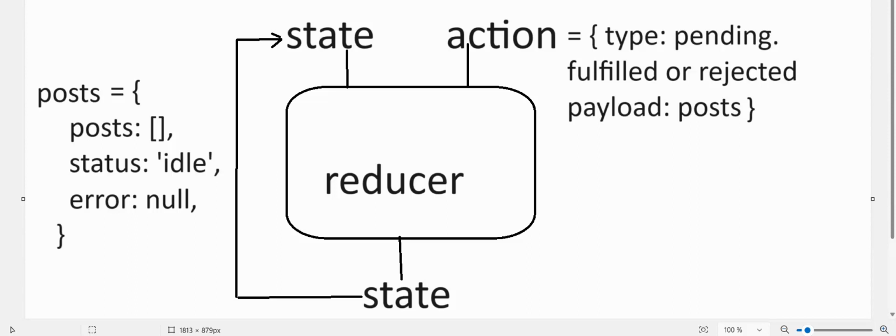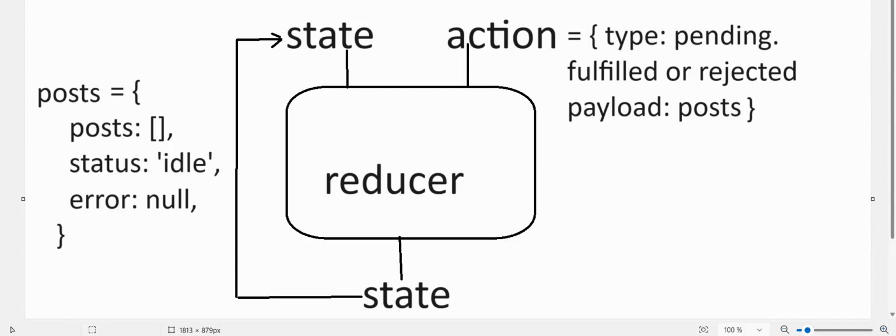Status and error come from the post slice, what we code in the post slice, but payload depends on what we first have on the server, fetch posts, and after that what we send: add new post, delete post, update post. It is payload. It goes to the server and goes back.